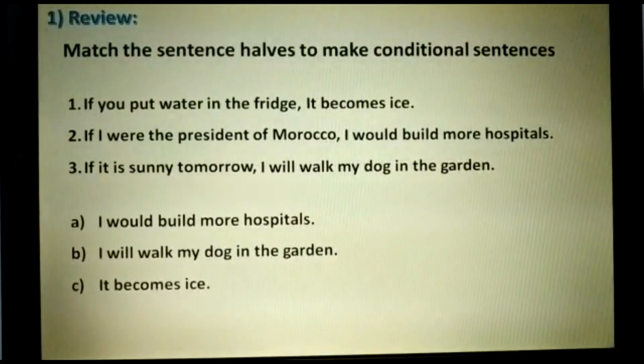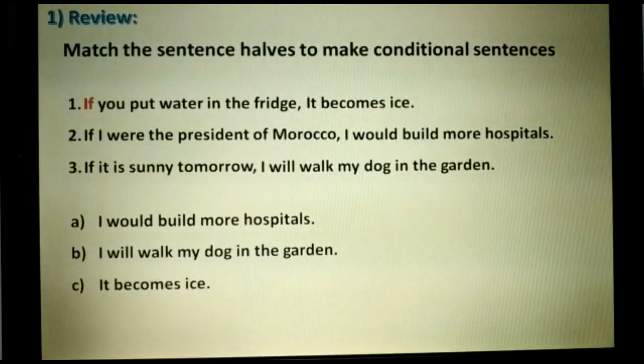As you can see, here are 3 sentences, and all 3 of them are conditional sentences, simply because they consist of if clauses and main clauses. More importantly, they all have if at the beginning in common. So back to sentence number 1.